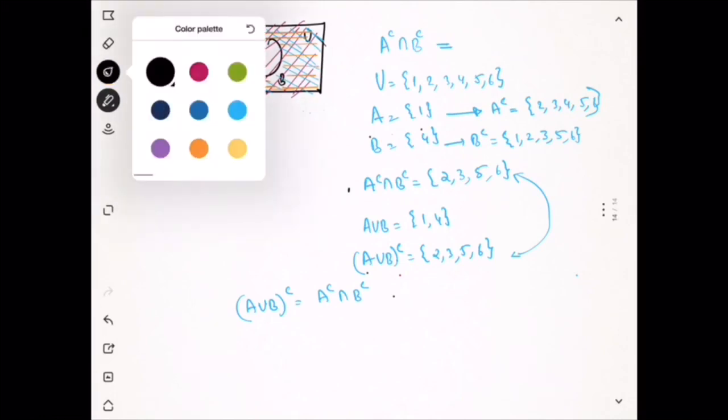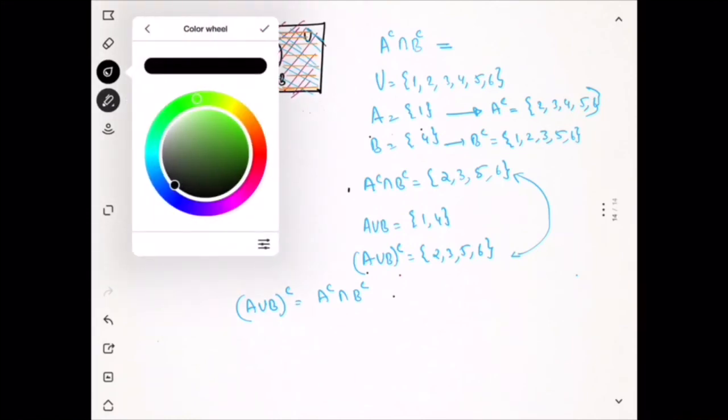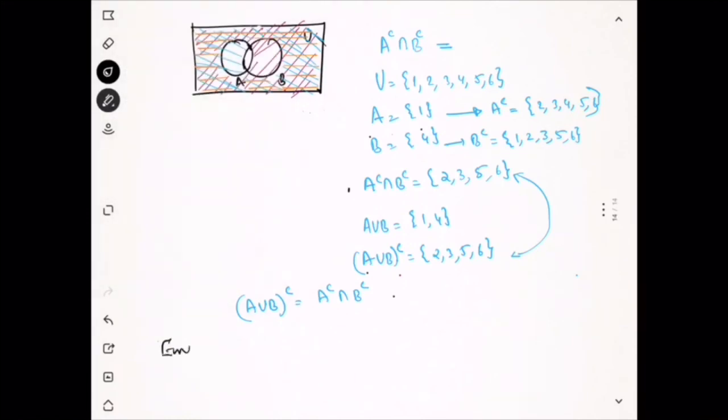One is the empty set. So what do you mean by empty set? It is defined as the set with no elements. Set with no elements in it.